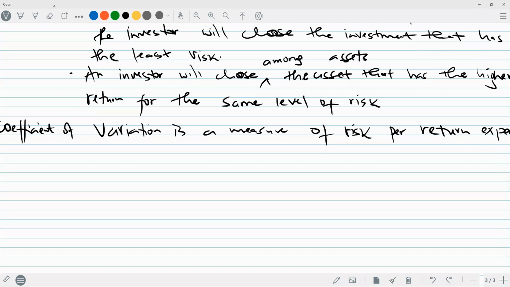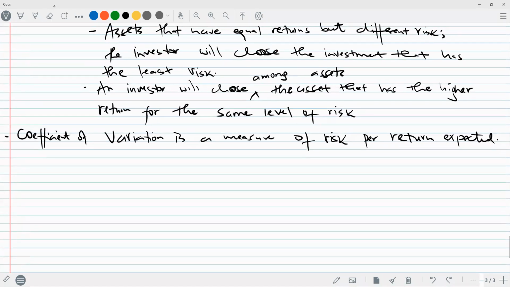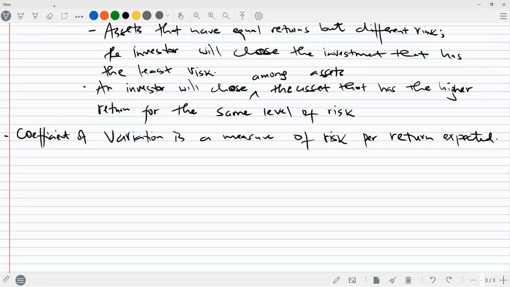That's called the coefficient of variation. How much risk are you going to be exposed to as an investor for every unit of return that a particular asset will be giving to the investors? I'll call it the coefficient of variation.